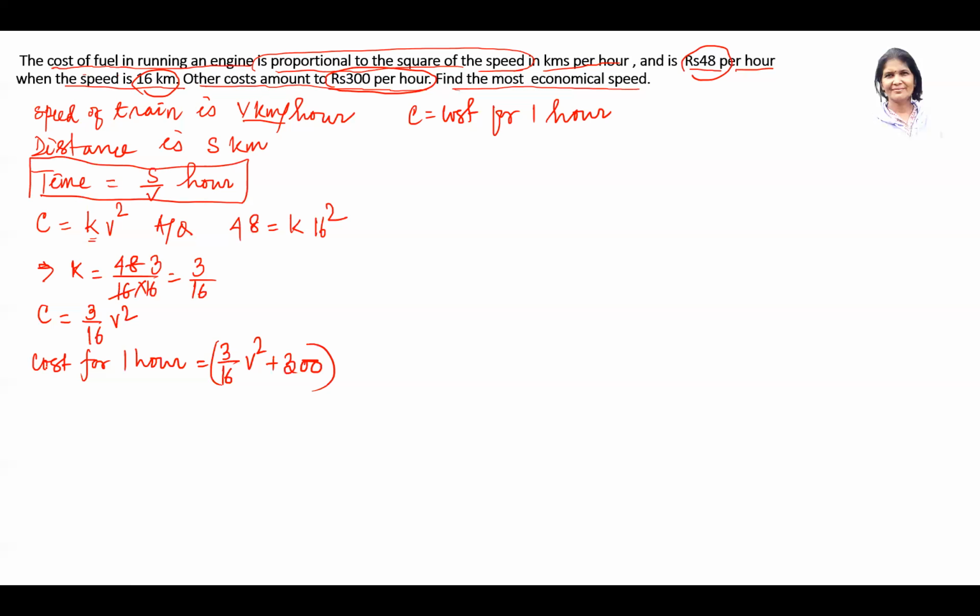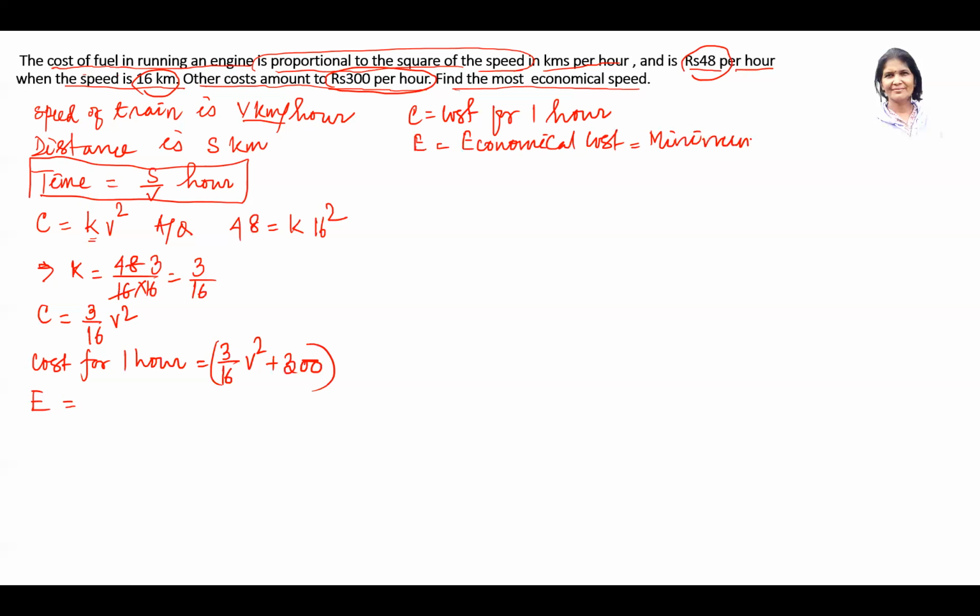So total cost, let me represent as economical cost, E. E is economical cost. What is economical cost? This is minimum cost.